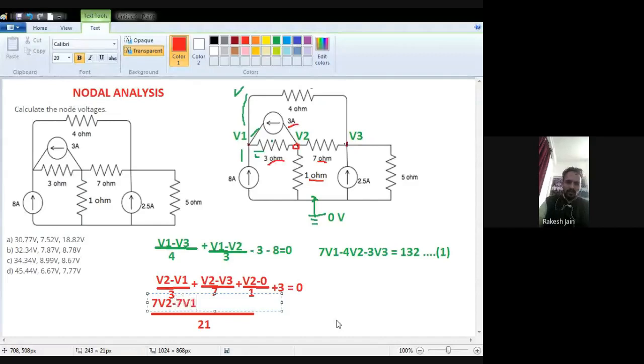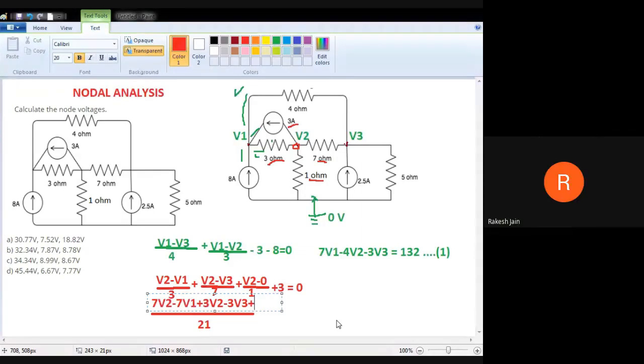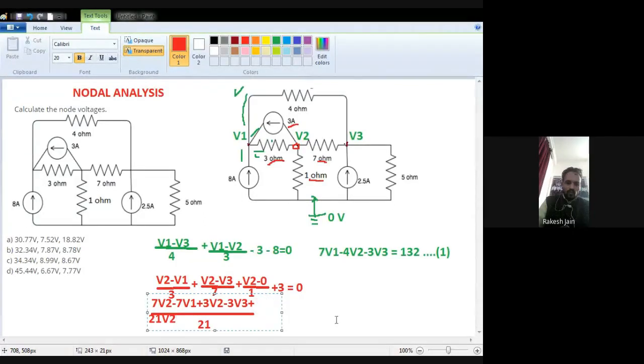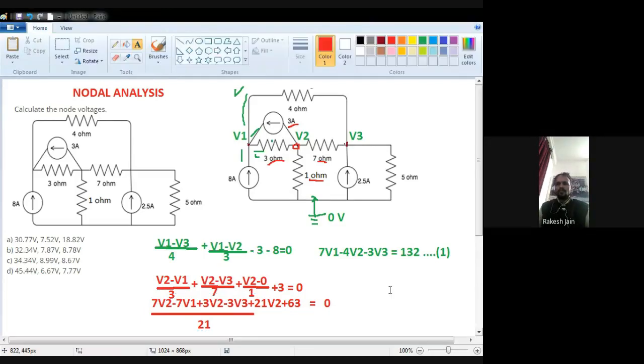So 7V2 minus 7V1, plus 7 3s are 21, so 3V2 minus 3V3, plus 1 multiplied by 21, so 21 V2, then plus 3 multiplied by 21, so it is 63, and that is equal to 0.